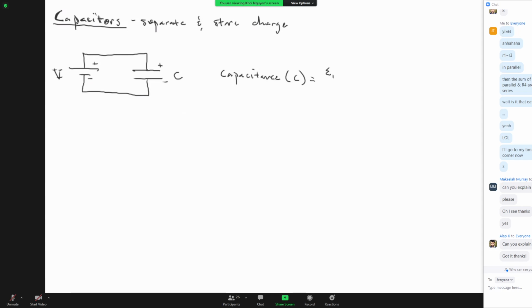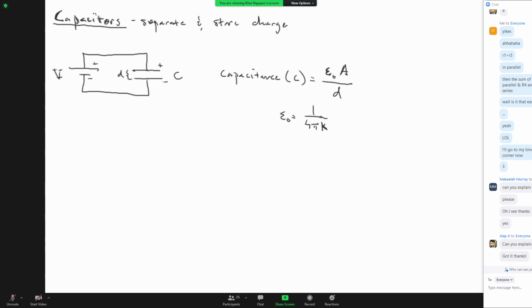We have the permittivity constant of free space, epsilon naught, times the surface area of the plate divided by the distance between the plates, d. Where epsilon naught is 1 over 4 pi k.